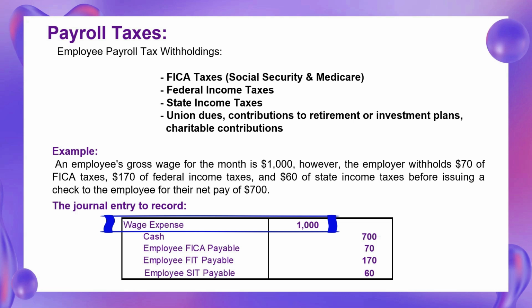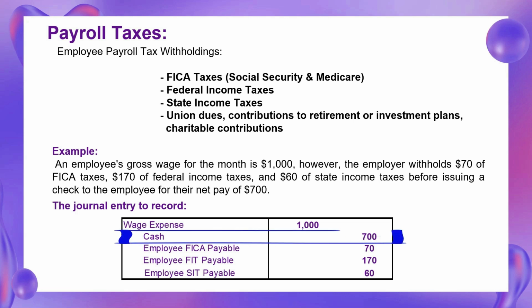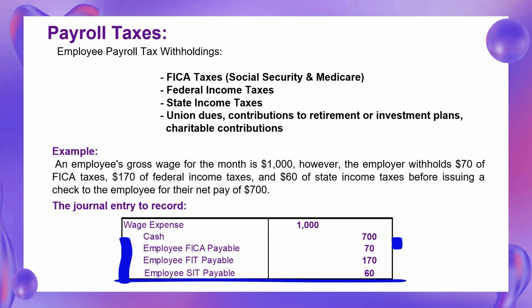Many people would think the cost of the business is only $700 because that's the amount of the net check actually paid to the employee. But when this transaction is all said and done, the employer will have paid out a full $1,000. They will have paid $700 to you and the remaining $300 to the federal and state governments on your behalf.